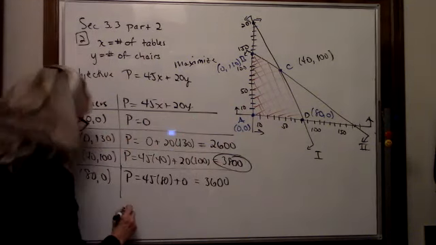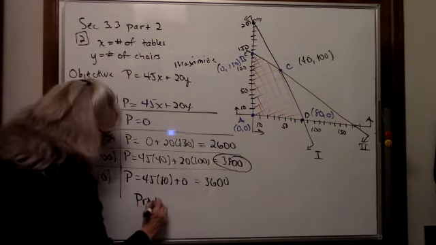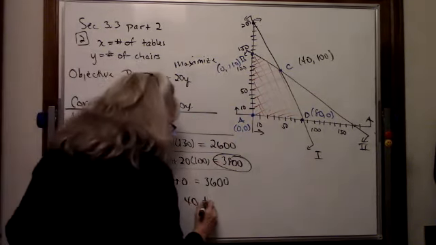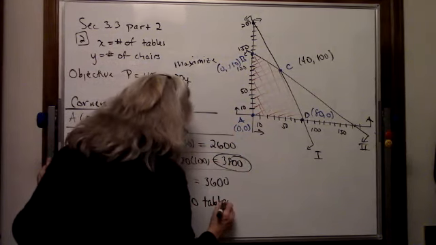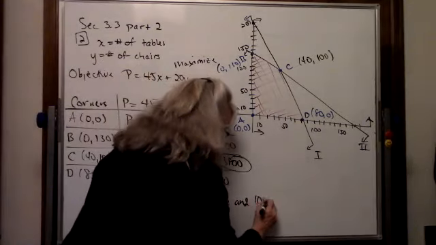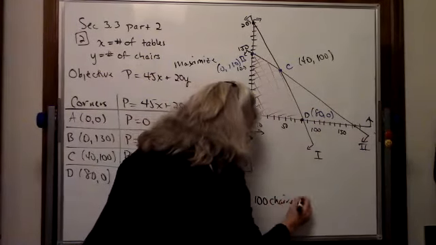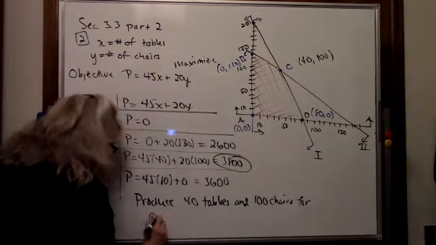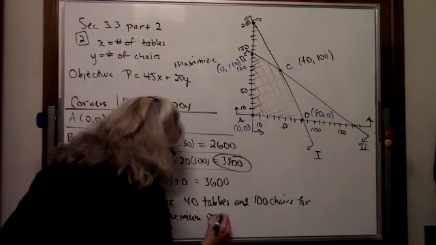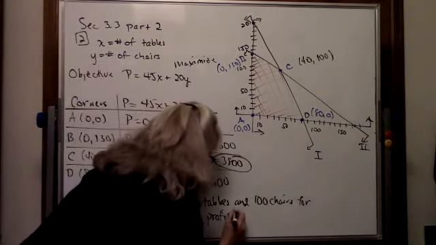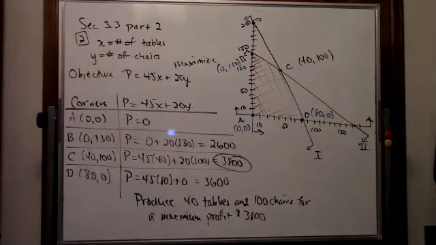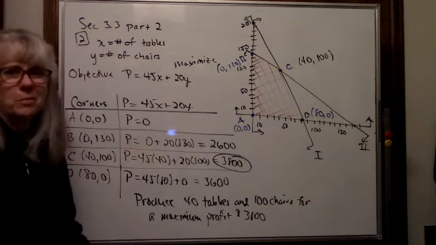So what we're going to do is produce 40, and you remember that X was the number of tables, 40 tables, and Y, which is 100, the number of chairs, for a maximum profit of 3,800. There it is. And there's your first full-blown, everything-we-could-do linear programming problem. Nice job.